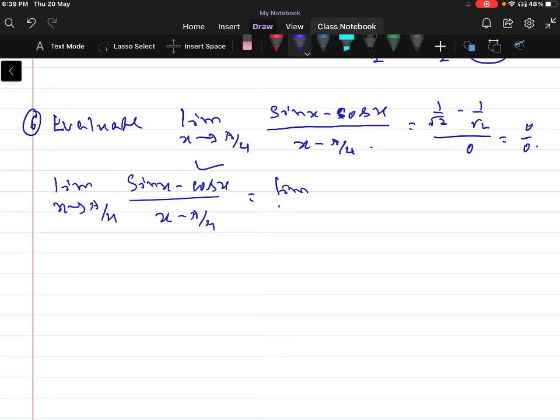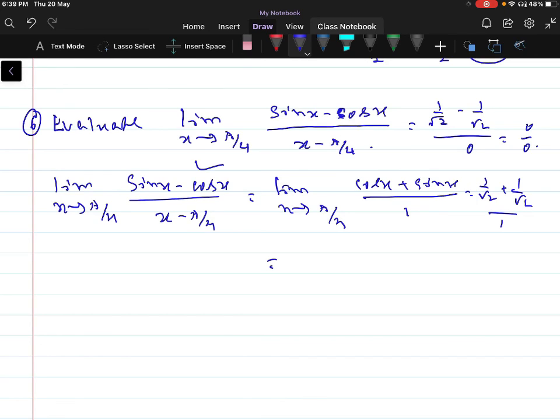Limit as x approaches pi by 4, sin x differentiation is cos x and cos x differentiation is minus sin x, that is plus sin x, by x minus pi by 4 differentiation is 1. When x equal to pi by 4, cos pi by 4 is 1 by root 2 plus 1 by root 2, by 1. So this is a finite value.